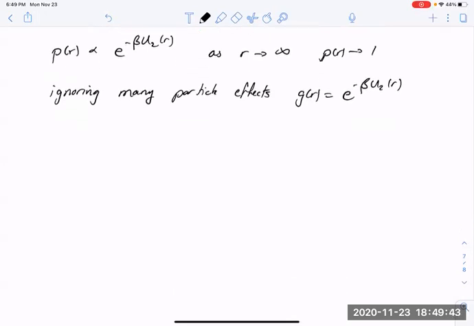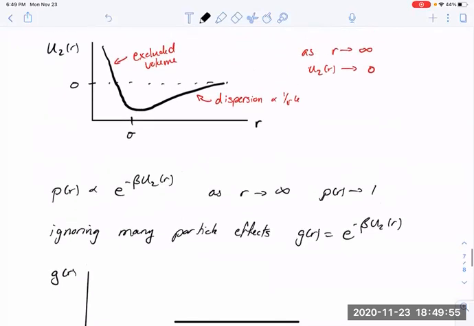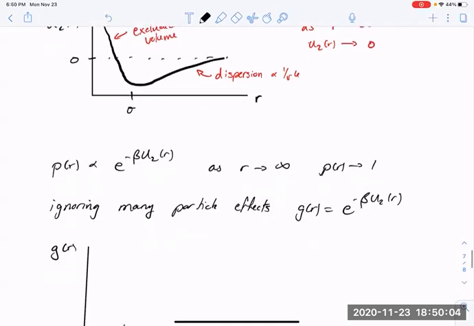Indeed, if we were to then draw that, at really short distances, the potential is large and positive. E to the minus a large and positive number is small.